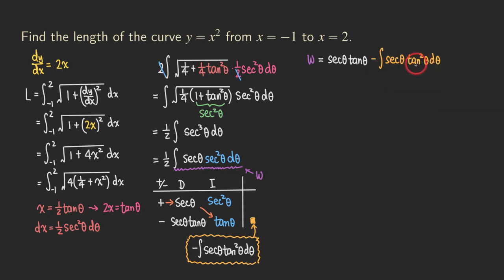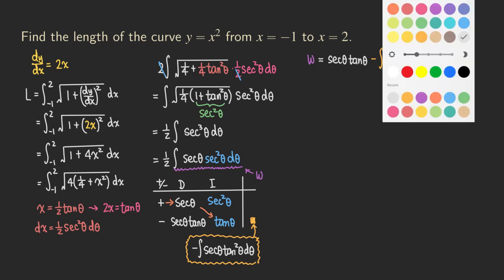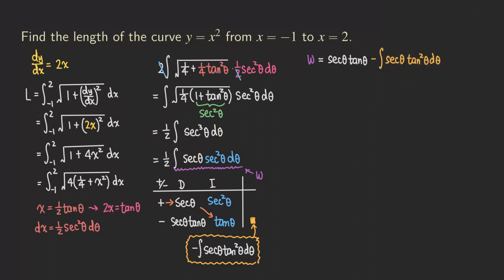Okay, so we can actually rewrite this tangent square theta as secant square theta minus 1, okay? So what we can do is distribute the secant theta to the two terms inside the parentheses. So that will become secant theta tangent theta, okay?